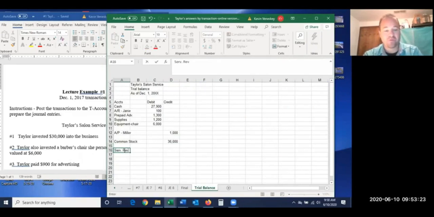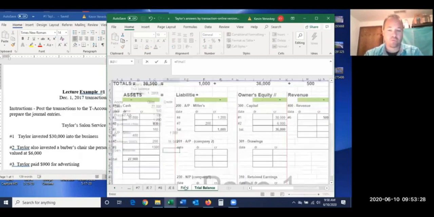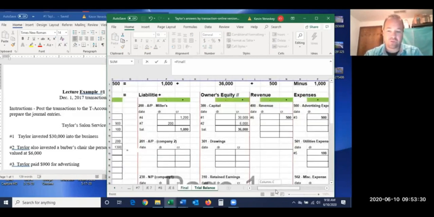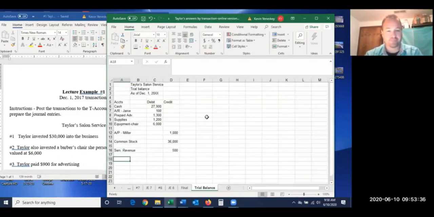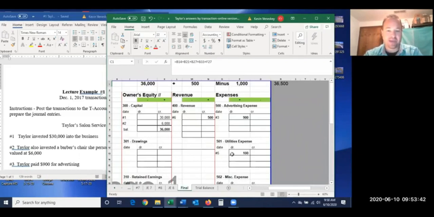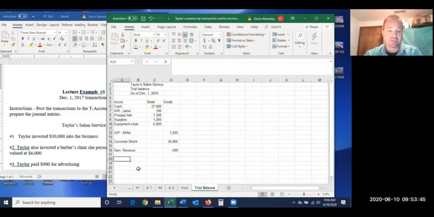And then I have service revenue. Was my next T account that I had used. Was 500 on the credit side. And then finally, I had my two expenses, advertising and utilities.